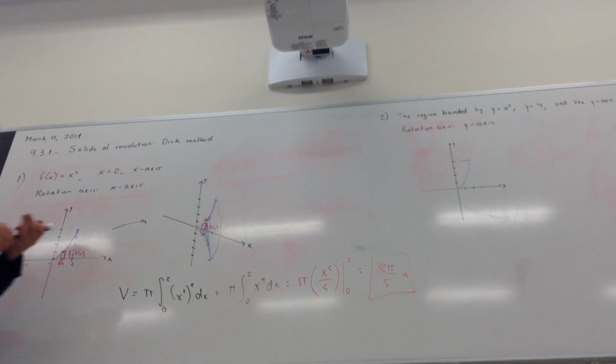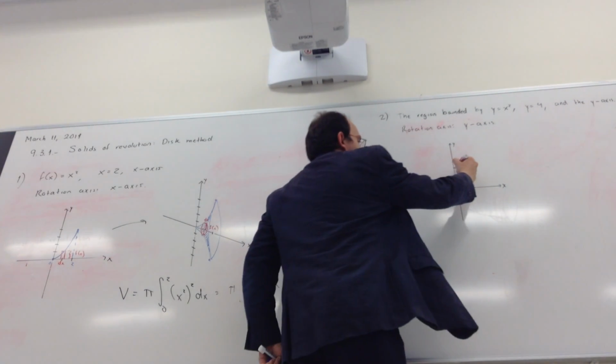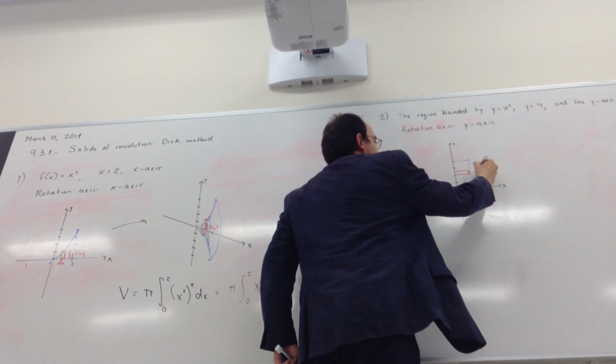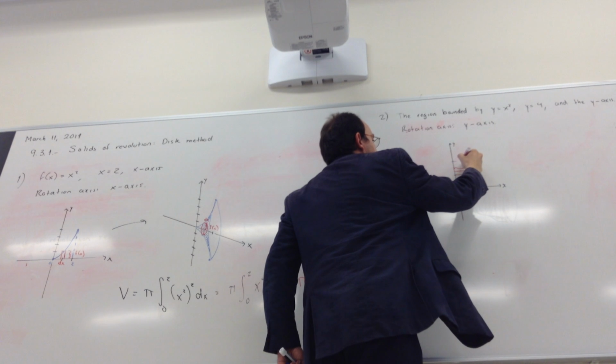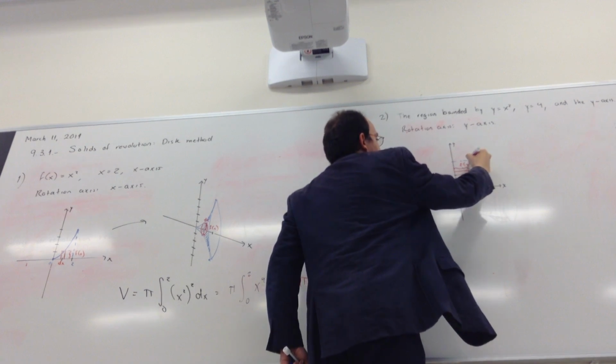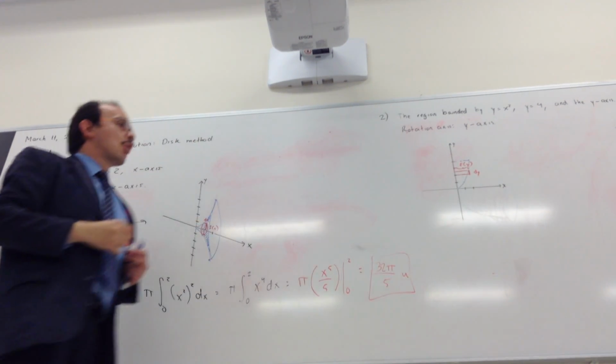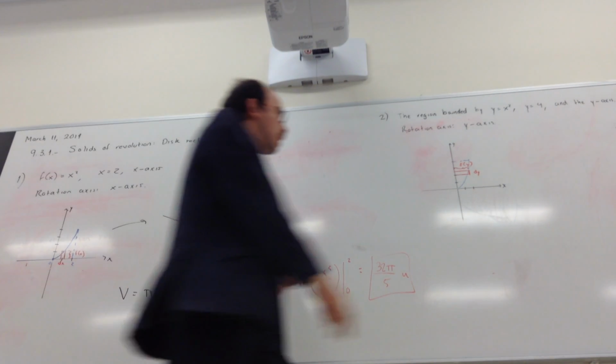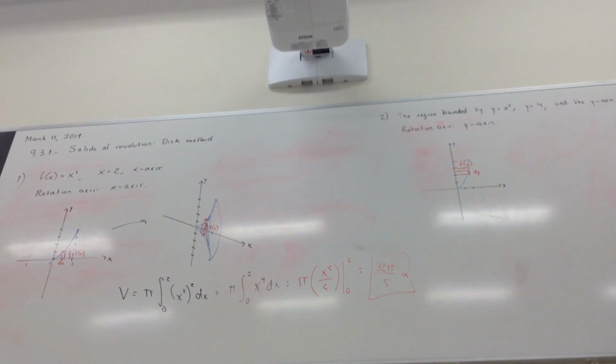No, horizontal, yeah. Like this. This is the dy, and the height or the radius is f of y. Okay? Where do you put the rectangle? It could be in the middle, it could be wherever you want to put it. Doesn't matter. It just represents the area. That's in 2D. Now in 3D.